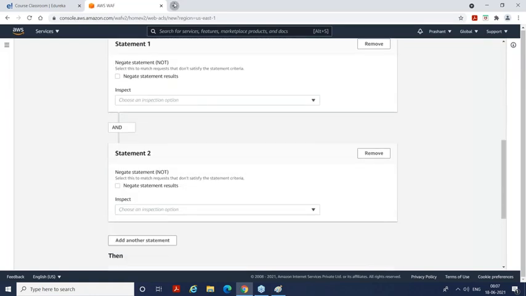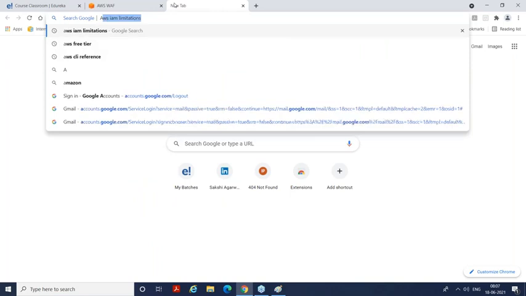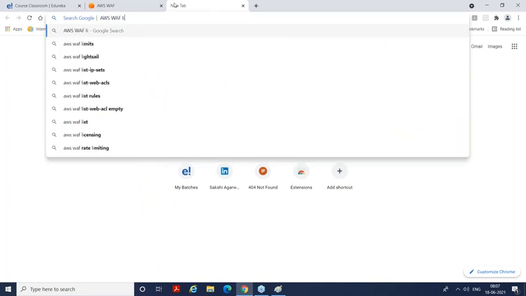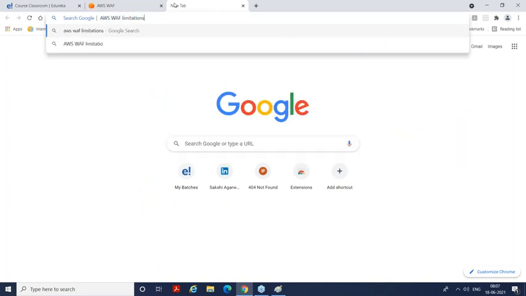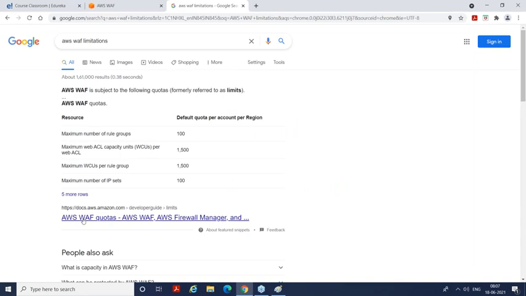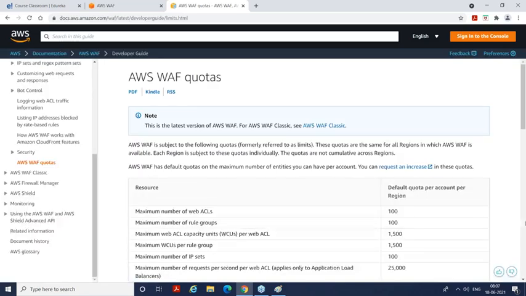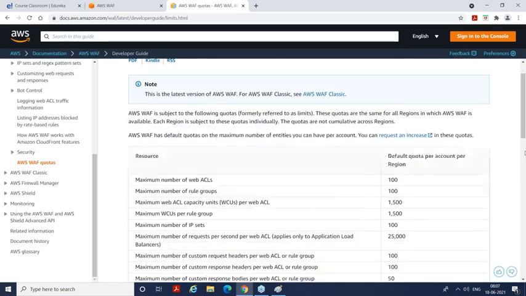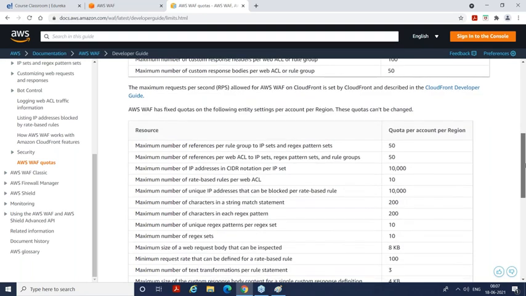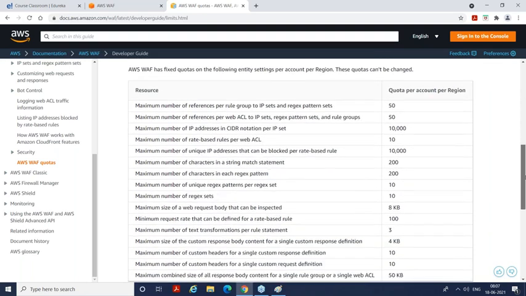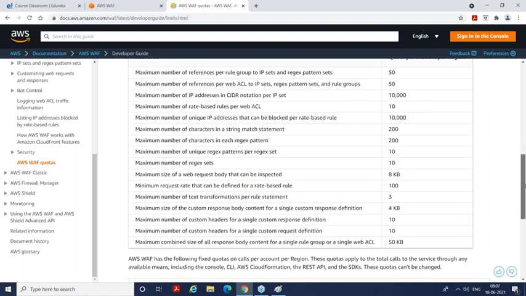Again, numbers I'm not good at remembering. So I'll forward you to this WAF limitations, right? So number of rules, number of statements you can add. I think you're asking about the statement, right? So maximum number of IP sets you can define. All those numbers are available here.